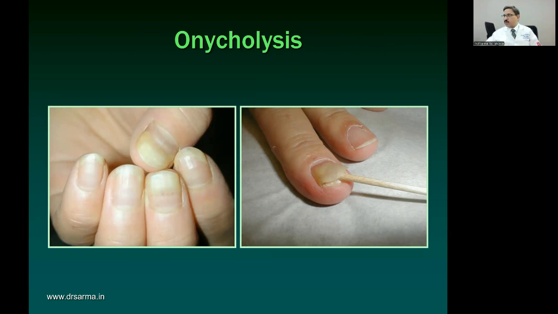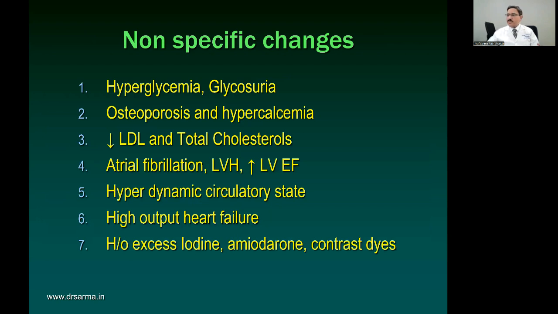And you can, in fact, without pain, introduce a small thing under. This is called onycholysis. One cause of onycholysis is hyperthyroidism. The usual cause of onycholysis is tinea unguium. Tinea unguium is a common cause, but this is one other cause of it.